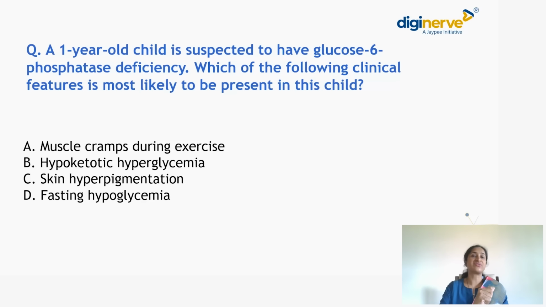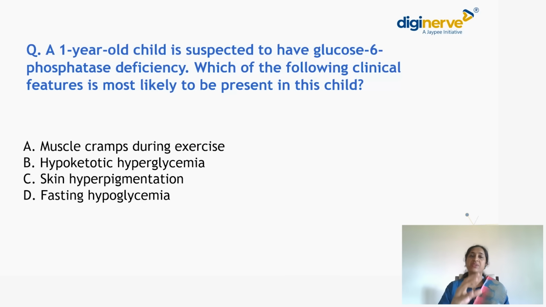Now, if glucose 6-phosphatase is removed, we are not able to produce glucose. So what happens? You have only accumulation of glucose 6-phosphate and back inhibition. It goes into accumulation of glycogen. This glycogen gets accumulated in the liver and kidney.